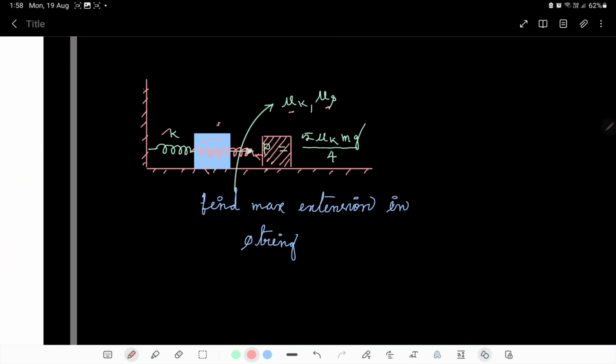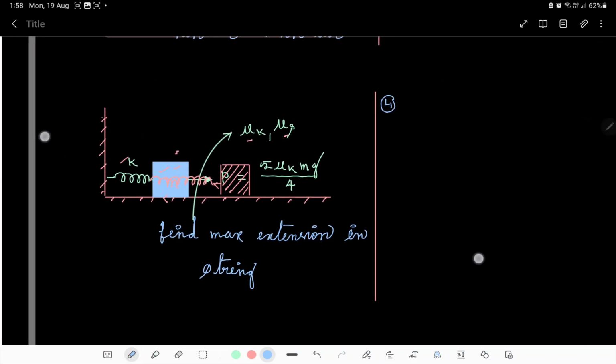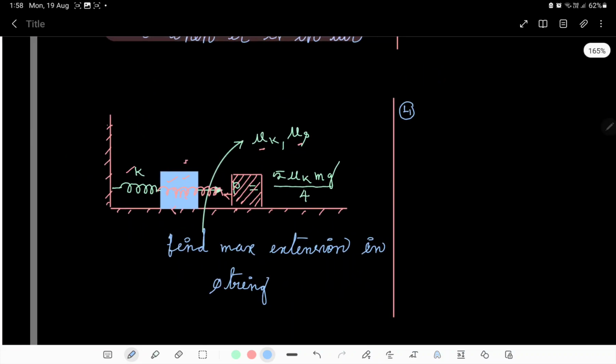So let's solve the problem. Logic number 1 is to find all the forces which are acting on the block. One is the applied force, which is already provided: 5 mu k mg by 4.